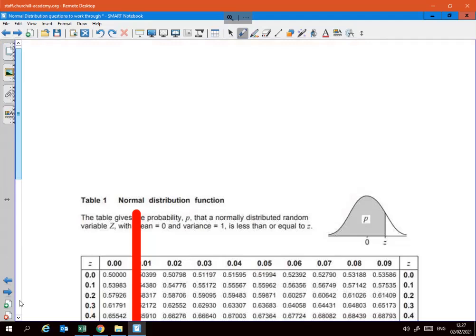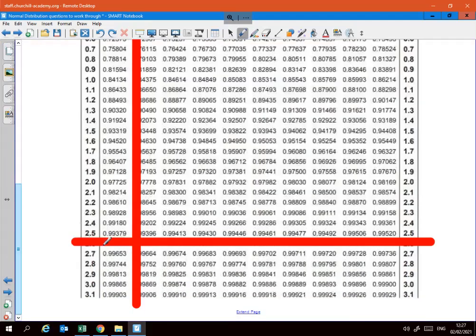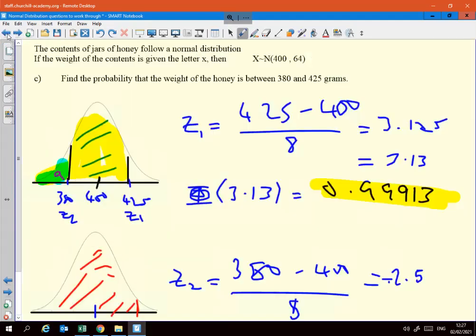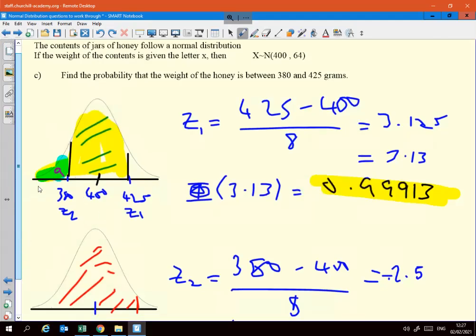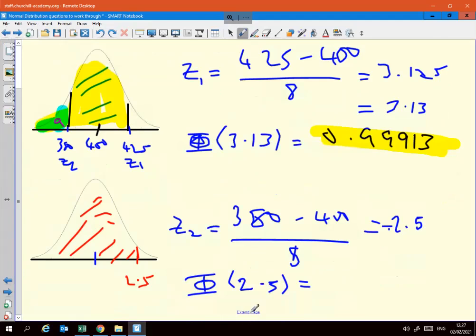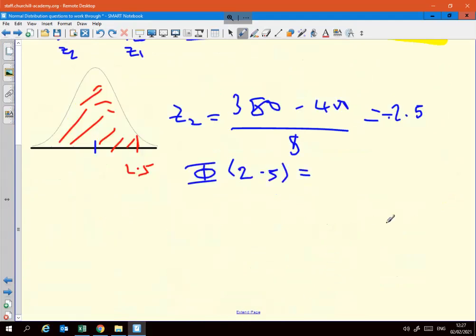So 2.5 gives 0.99379. Okay, and that's the red bit, which isn't the bit I want.